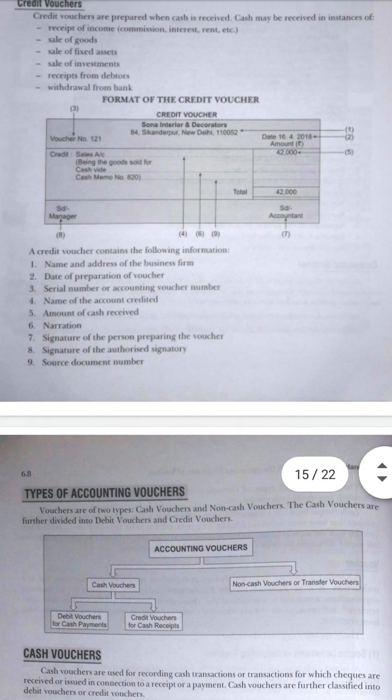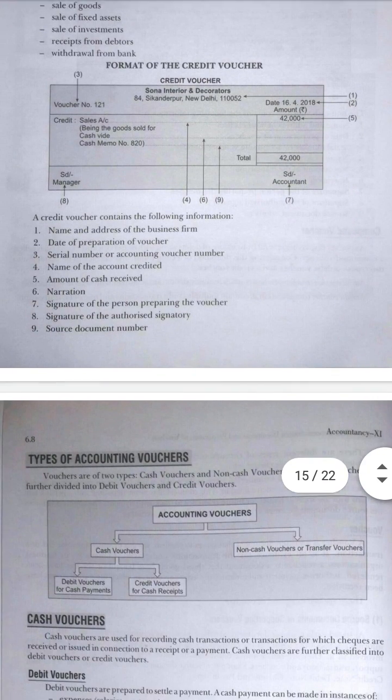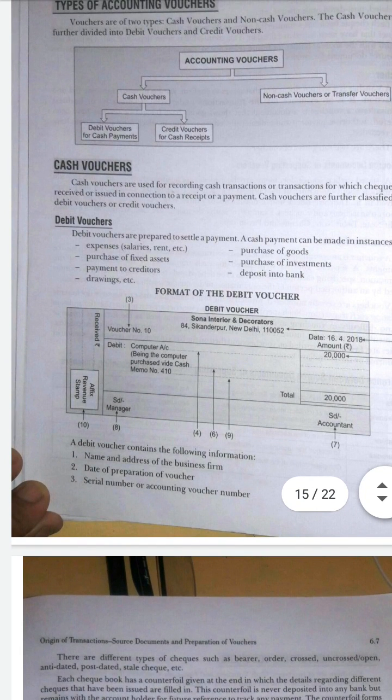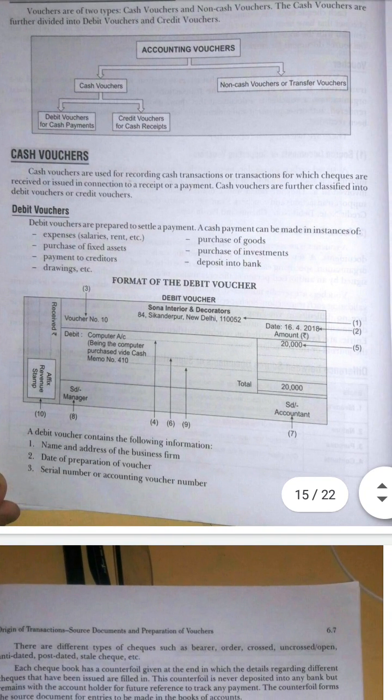The fourth one is the name of the account to be debited. The fifth one is the amount of cash paid. So you have to draw like this and you have to prepare each and every voucher. This is the format.